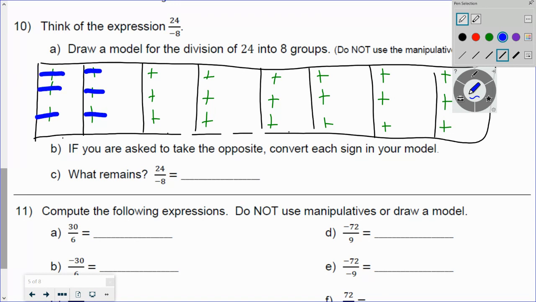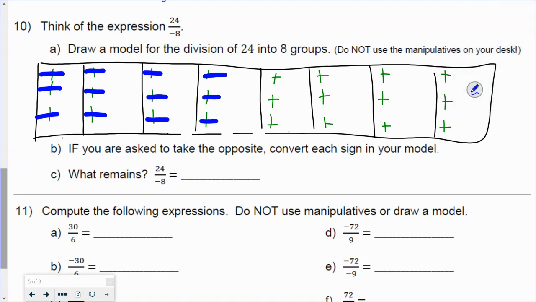So each of these, I'm going back through and changing into a negative. Okay. Now, if you don't have different size markers, you could just scribble them out and then off to the side with your negatives. Okay, it would work the same way. So what remains? Well, instead of having 3 positives, I have 3 negatives in each group.